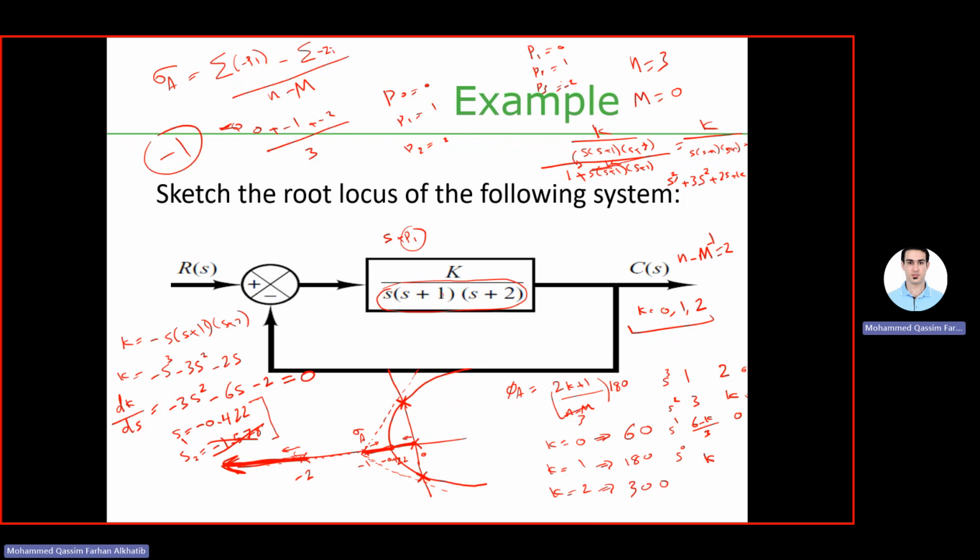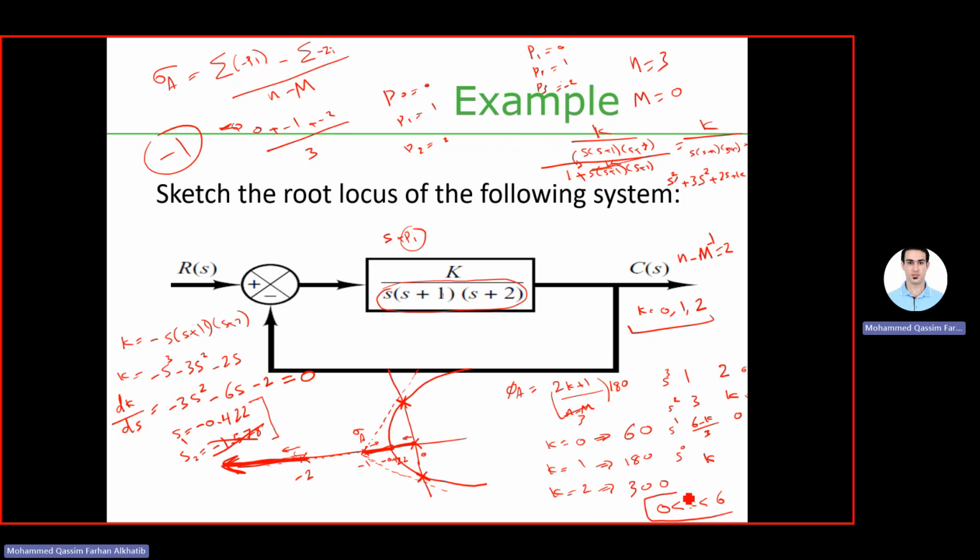Less than 6. And this one I have it 0. So the values of K: 0 less than K less than 6.